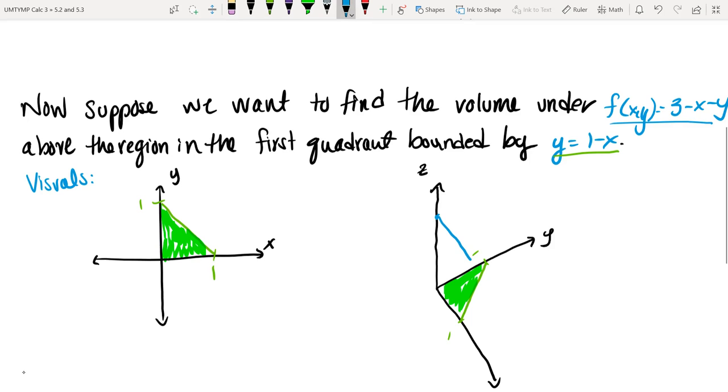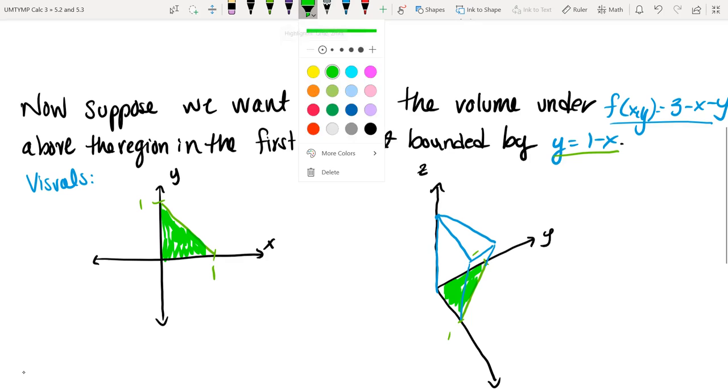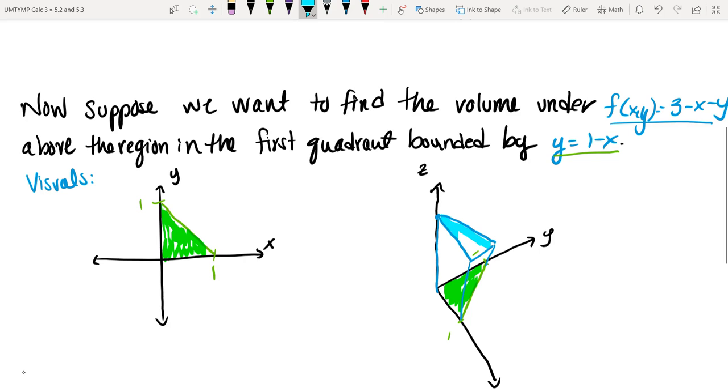Let's try it like this, and these would connect and then come down, and then there'd be a line here. Then we want to find the area under this top part of the plane that is within our region here.